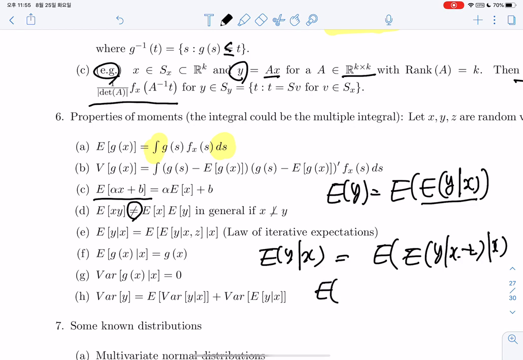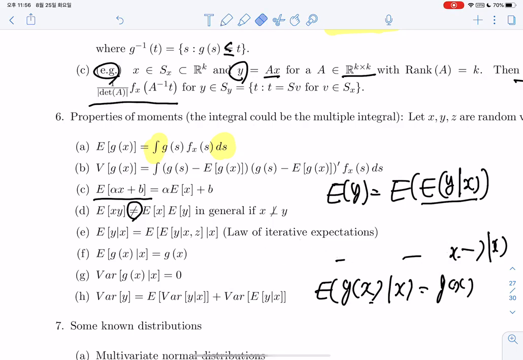Okay, and then the expected value of g of x given x. Given x means x is no longer a random variable. So g of x given x is no longer a random variable. Therefore, the expected value of g of x given x is just g of x.